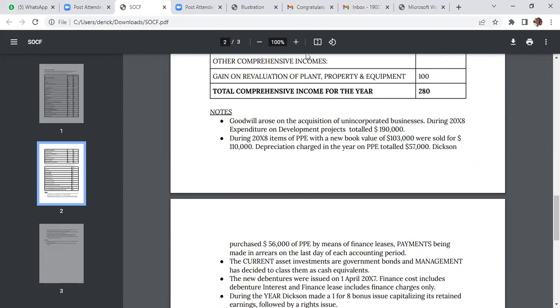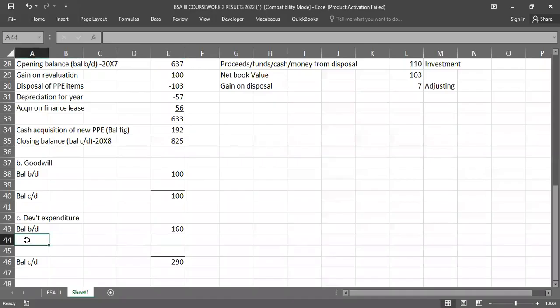Now, that spending is an outlay, and they didn't tell you that it was on credit or anything like that. If it's not stated as on credit, you assume it's on cash. So we can say additional development costs, or additional expenditure, whatever you want to call it, as long as it's under development. It is 190.